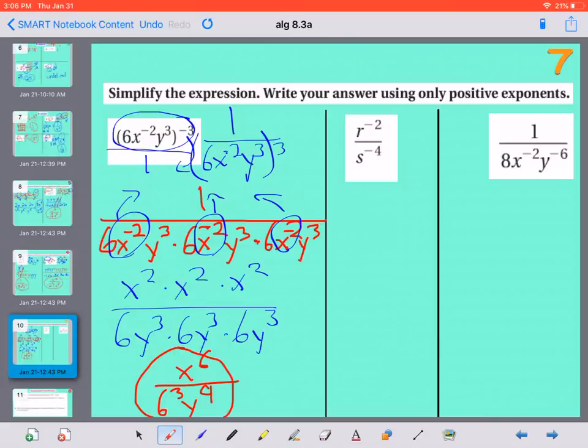Here I see that I have a negative 2, so I'm going to move that down. This one I have a negative 4, so I'm going to move that up. So what we have is s to the positive 4 over r to the positive 2.